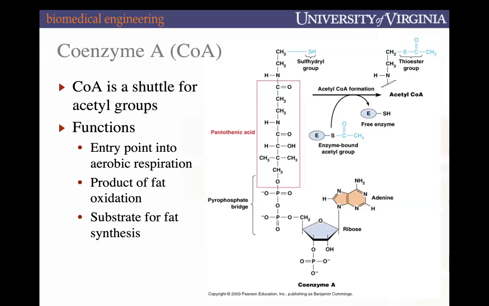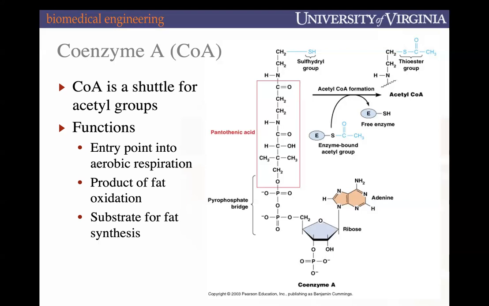But so the main difference here is this pantothenic acid. And so what ends up happening is it's a carrier for acyl groups here. And so when there's an enzymatic reaction that promotes the addition of acetyl groups, they'll be available here via these thioester bonds to form acetyl-CoA. What's going to be important is that coenzyme A is going to be really critical, again, for aerobic respiration here, as we've already talked about.